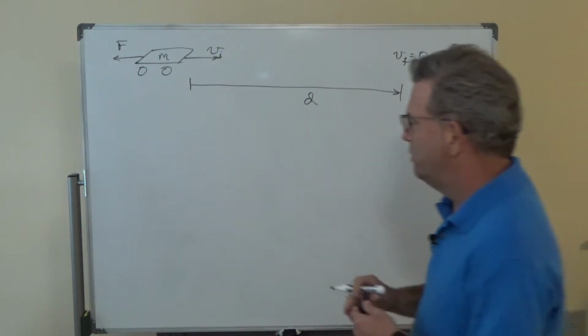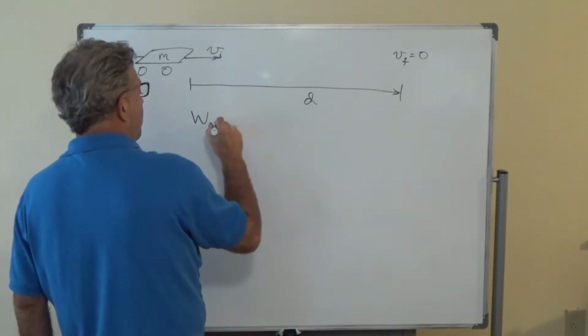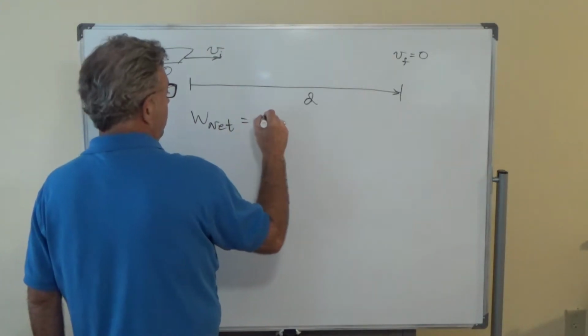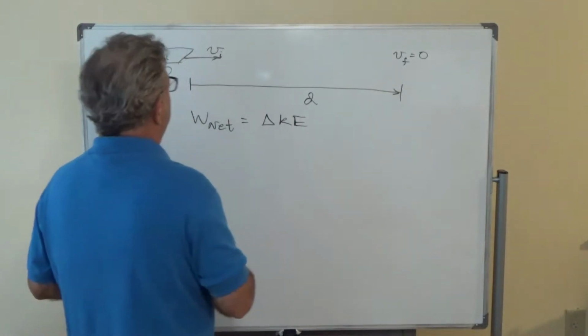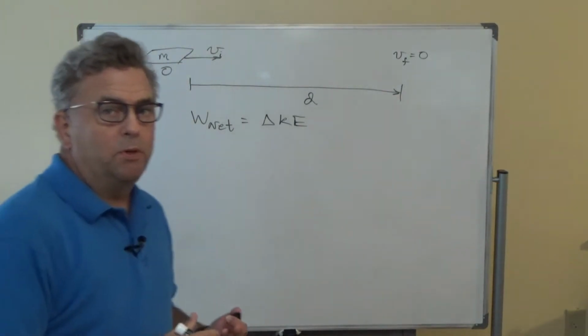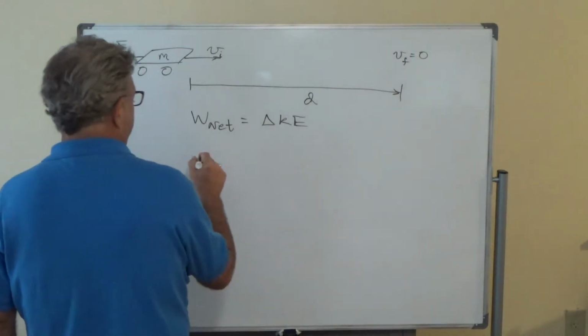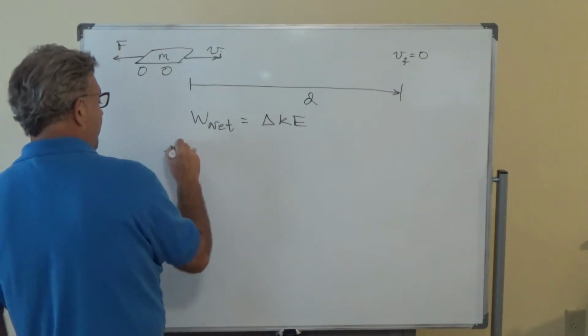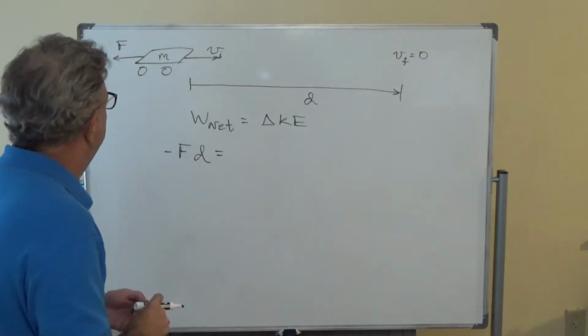Work-kinetic energy says, I'll write it down again, the net work done is equal to the change in kinetic energy. So in this particular case, the work done is negative Fd, correct?